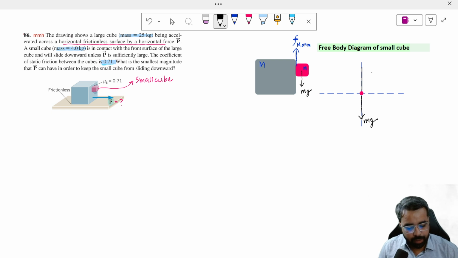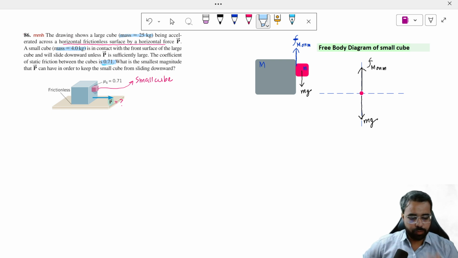Remember that at the minimum threshold, this force must be equal to the weight; otherwise, this force must be greater than mg. So at the minimum, these two forces must be equal to each other.